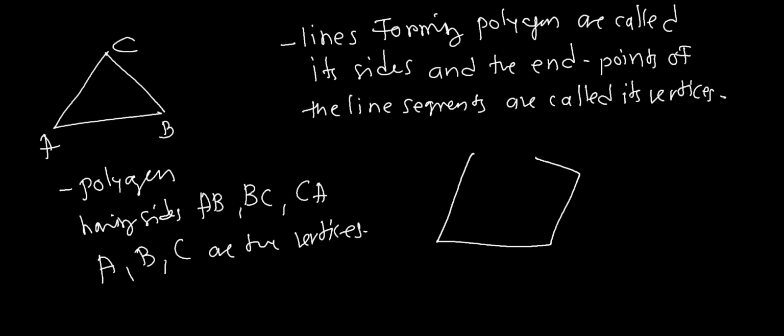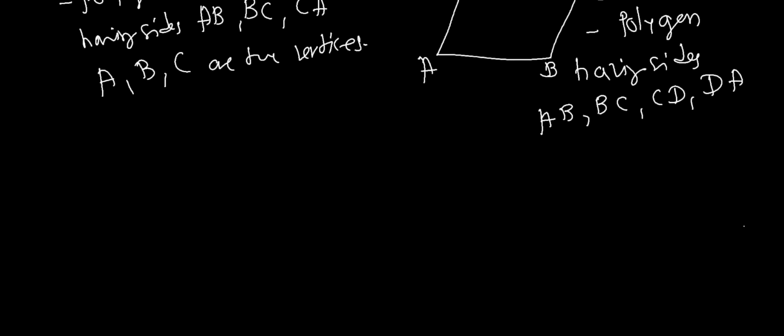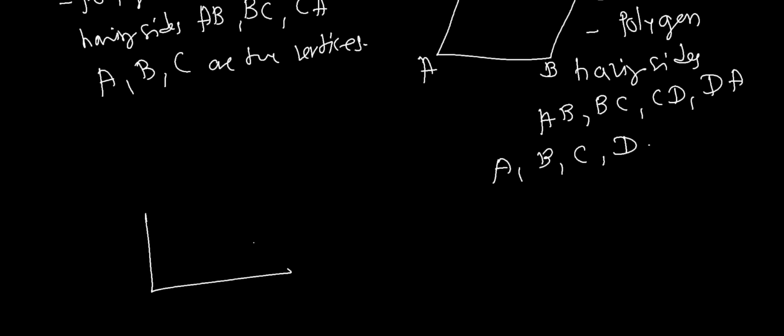Then this is a polygon A, B, C, D, having sides AB, BC, CD and DA with the vertices A, B, C and D. Now tell me whether this figure A, B, C is a polygon or not.